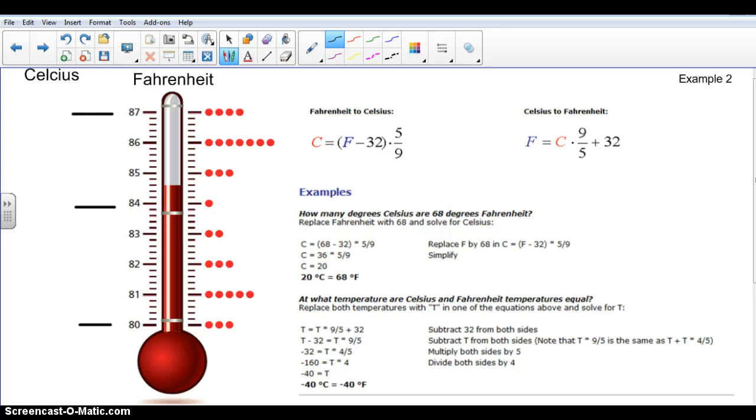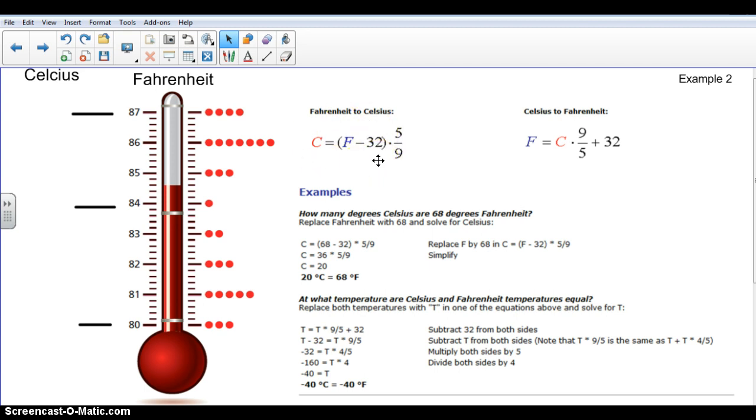Before we go into example 2, I wanted to do a review on Celsius and Fahrenheit, and the formulas for Celsius and Fahrenheit are right here. These are your formulas that you need to use. Celsius equals Fahrenheit minus 32. Notice it's in parentheses.